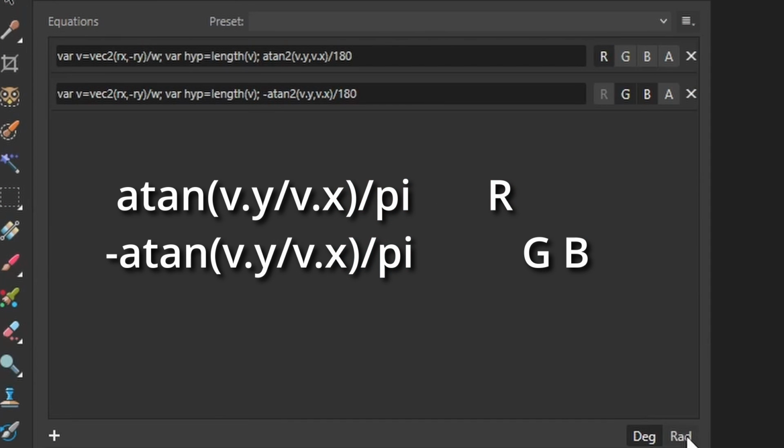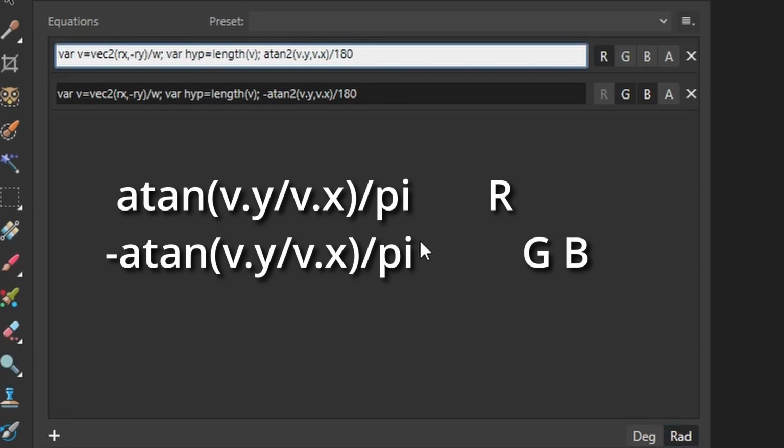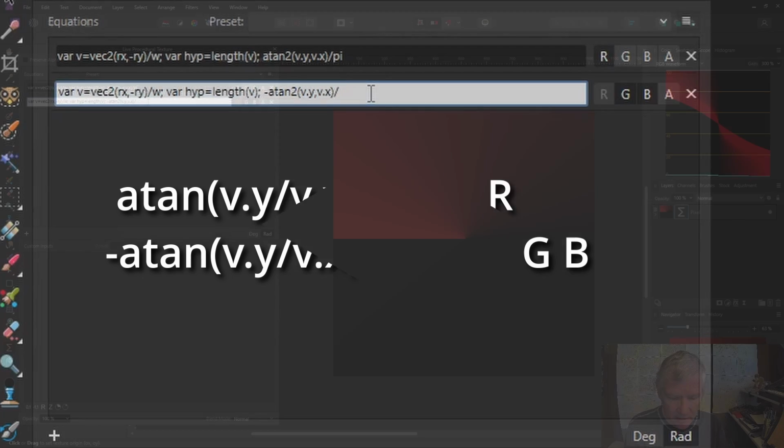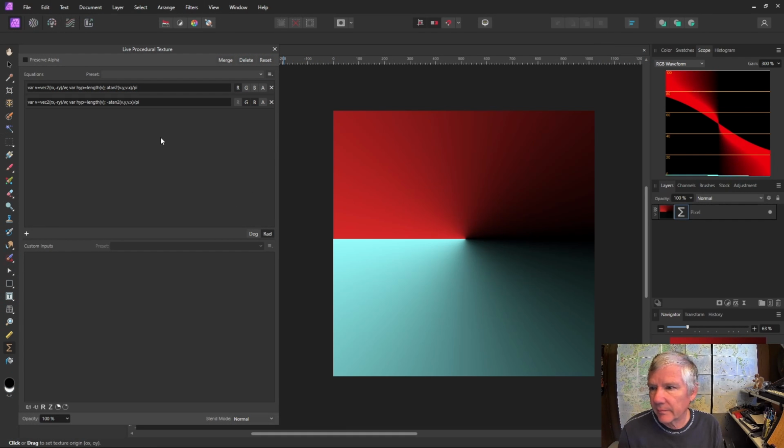Now we could change this to radians, but if I do, I need to divide by 180 degrees, and radians is pi. So I'm going to use the system variable pi to divide this by, for radians, like that. And I get the same thing back again when I switch to radians.